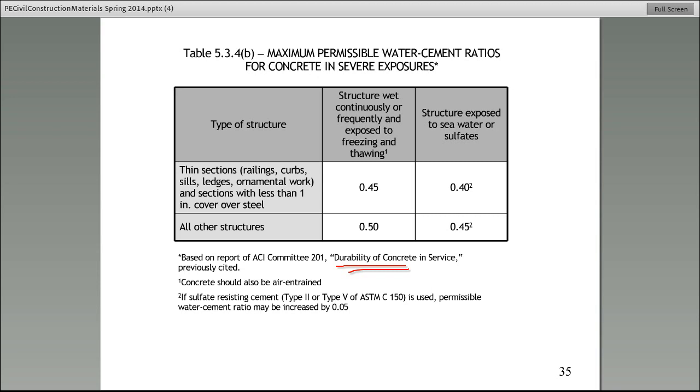For example, if you design a harbor, a port structure that's exposed to water its entire service life, it's not so much the strength that you worry about, but durability, resistance to the chemicals in that water. Sometimes sewer lines in very harsh environments.